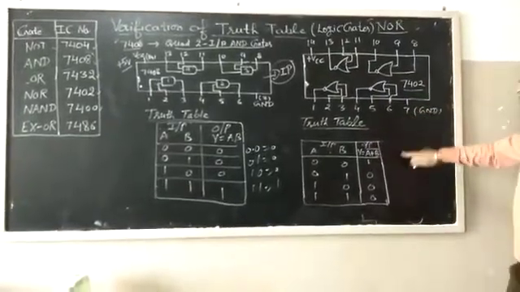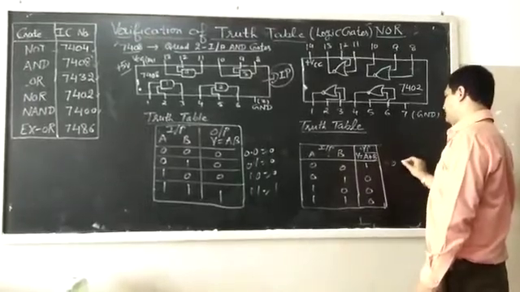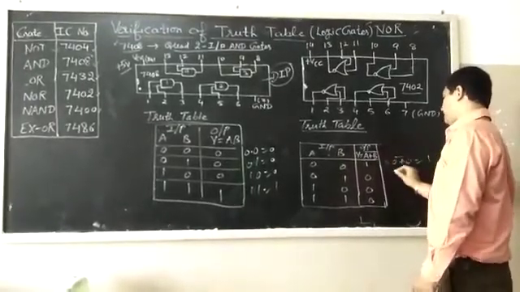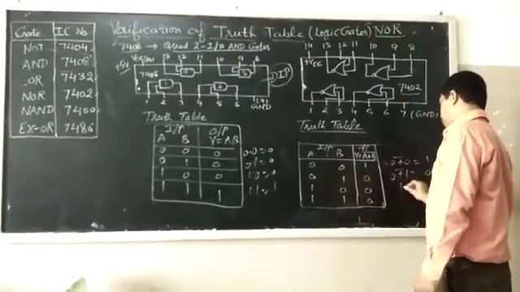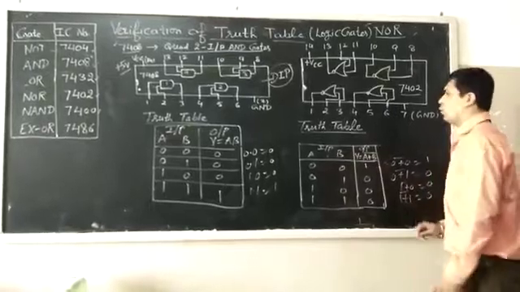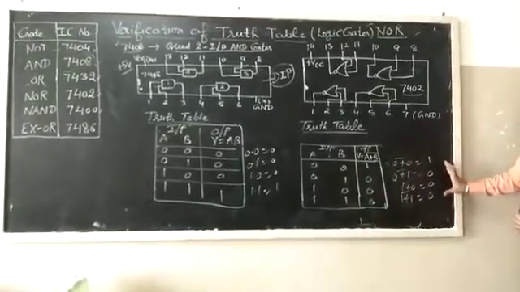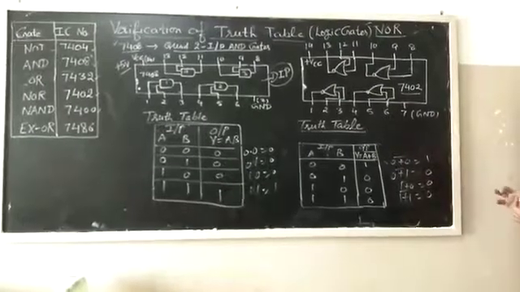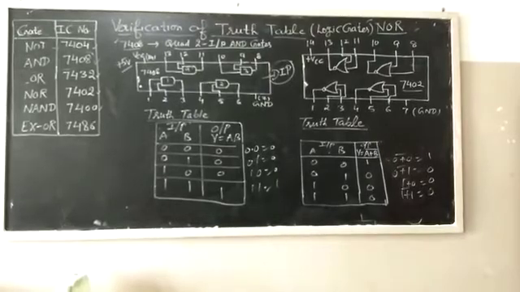So for the NOR gate, its output is Y equals (A plus B) bar. 0 plus 0 bar is 1, 0 plus 1 bar is 0, 1 plus 0 bar is 0, 1 plus 1 bar is 0. So this is the verification of the NOR gate which we will perform by using the IC 7402.